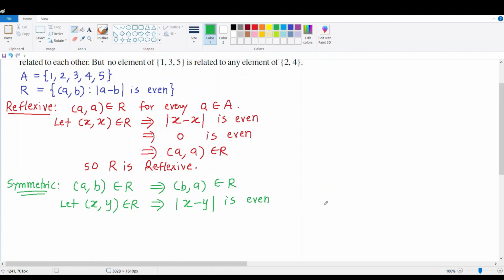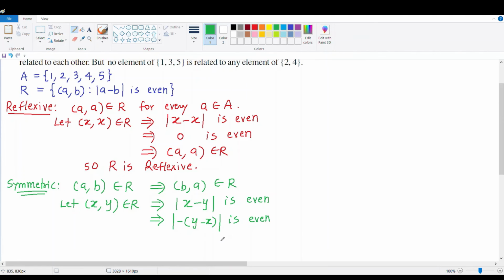Now if I change the sequence a little bit this way, and take the negative sign out in common, then we get y minus x. So |negative of (y minus x)| is the same thing as this. See, negative y and negative times negative x, so x minus y, this is the same thing. So |negative of (y minus x)| is even, of course, because I am writing the same thing.